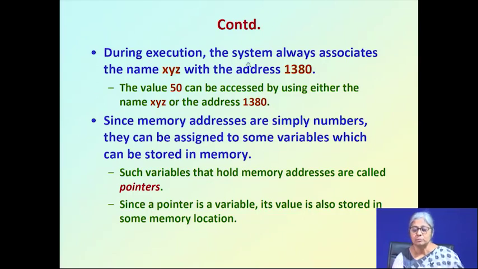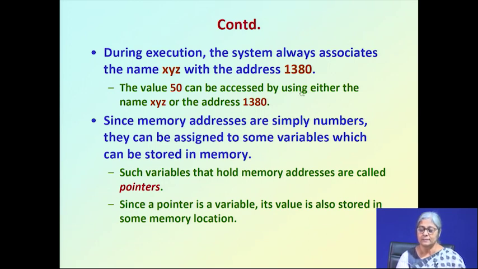So during execution the system always associates the name xyz with the address 1380. That means, during a program whenever we use this variable xyz, it will go to that address 1380, and whatever value is kept there, it will take that.